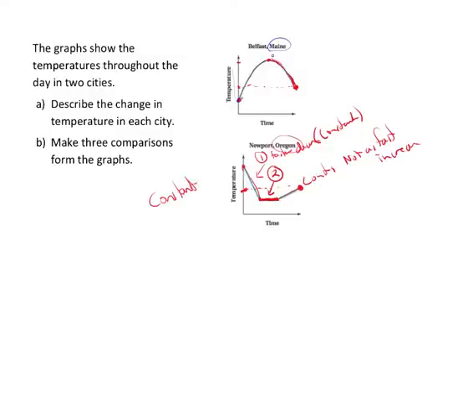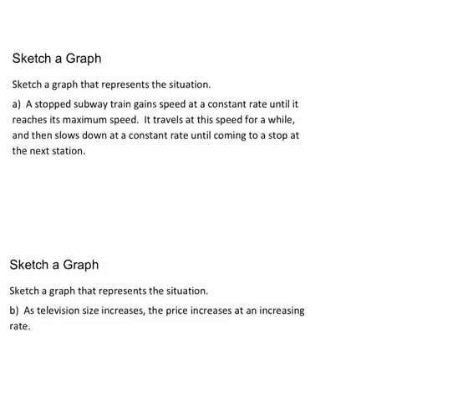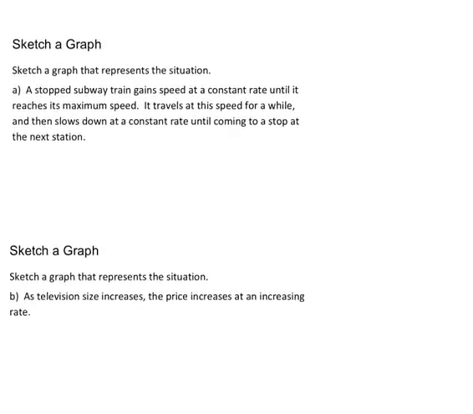The Maine one doesn't have any constants, so it's increasing faster at the beginning of the day, then slowing down, then slowly decreasing, and then decreasing faster. It's kind of confusing, but there's more decrease as it continues on later in the day. All right, so now we're going to go into sketching a graph.